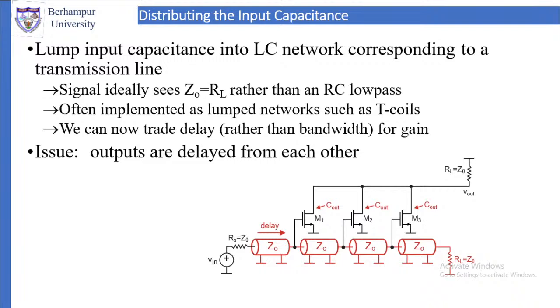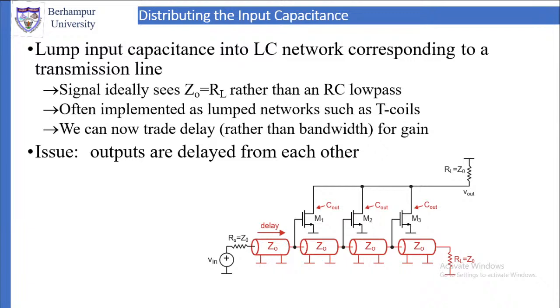Often we implement it as a lumped network such as T-coils, etc. We can now trade the delay rather than bandwidth for the gain. So instead of compromising with gain, we can compromise with delay.